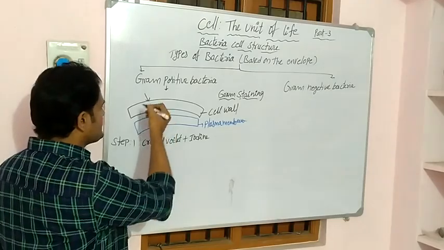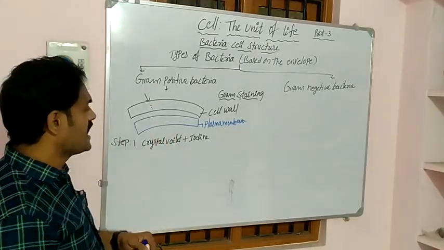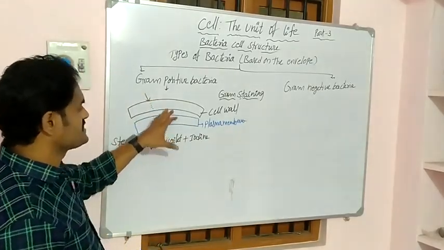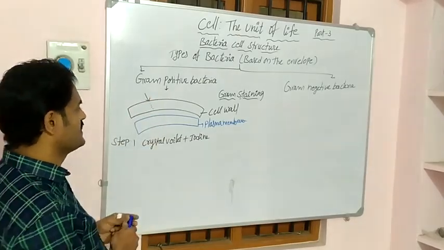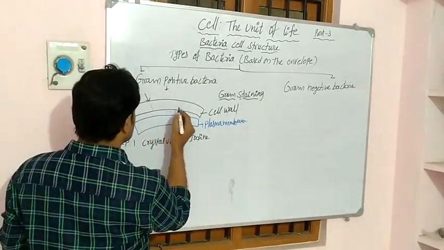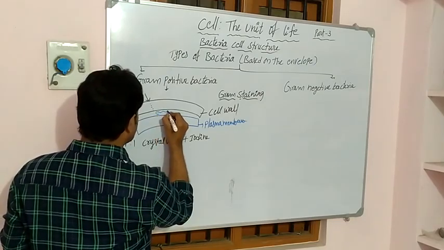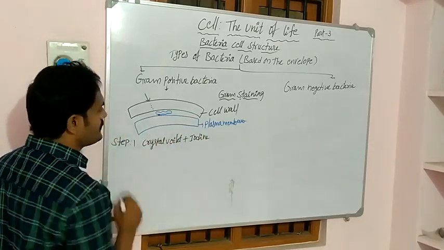Then this crystal violet along with the iodine solution is absorbed by the cell wall. The cell wall absorbs those colors or chemicals, and they form a blue color in between the cell wall and the plasma membrane.